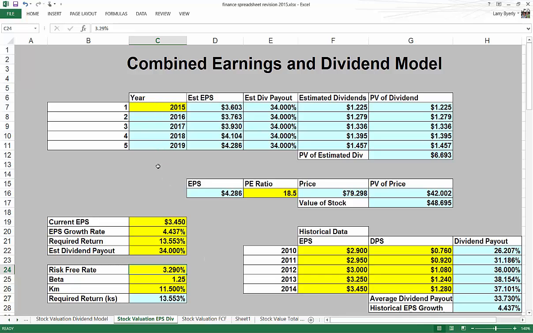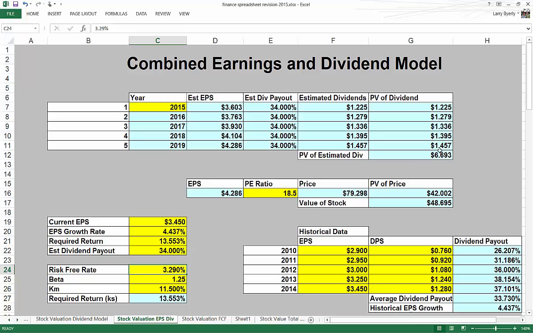We want to calculate or forecast the next 5 years of earnings per share and therefore its dividends, since we know the average dividend payout ratio, and then we want to calculate the present value of those dividends. The discount rate that we're going to use is the required return for the stock.